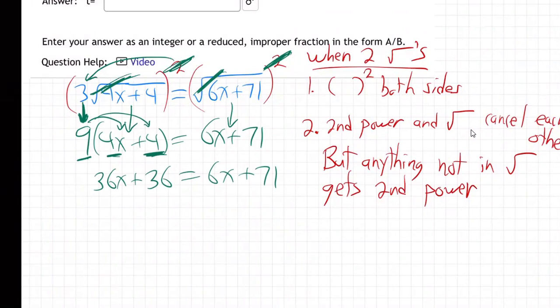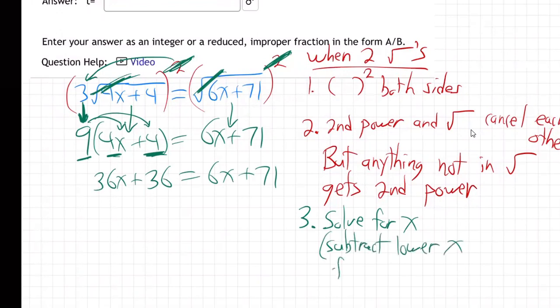So now step 3, solve for x. Meaning start by subtracting the lower x from both sides.